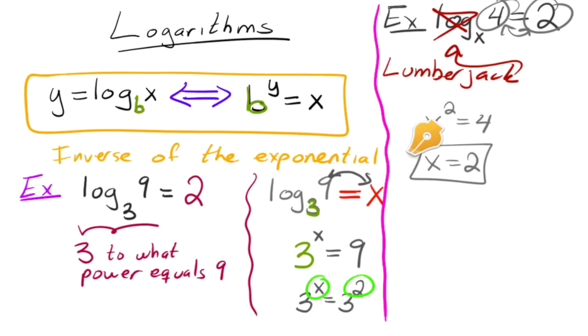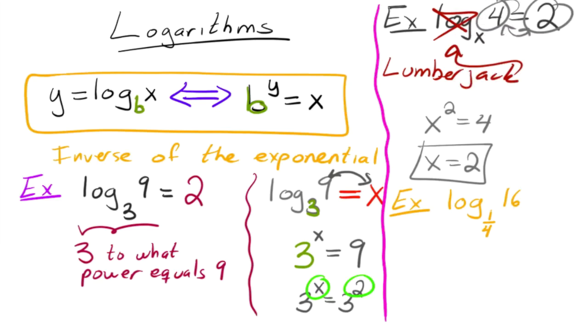Okay, so the lumberjack knows a lot of things. He knows how to chop down logs. So let's do another one. Let's see if the lumberjack can help us with log base 1/4 of, I don't know, how about 16.